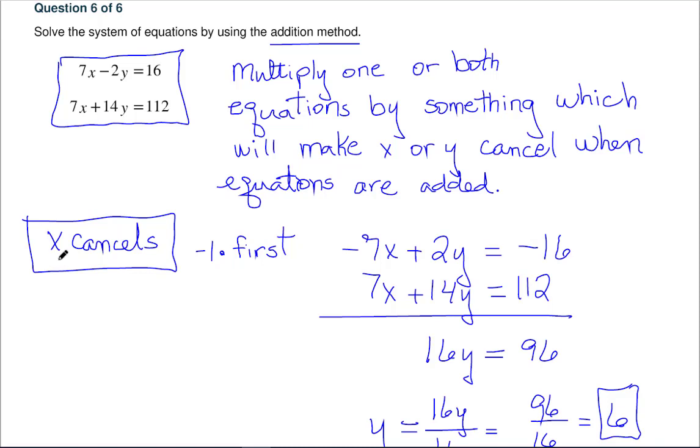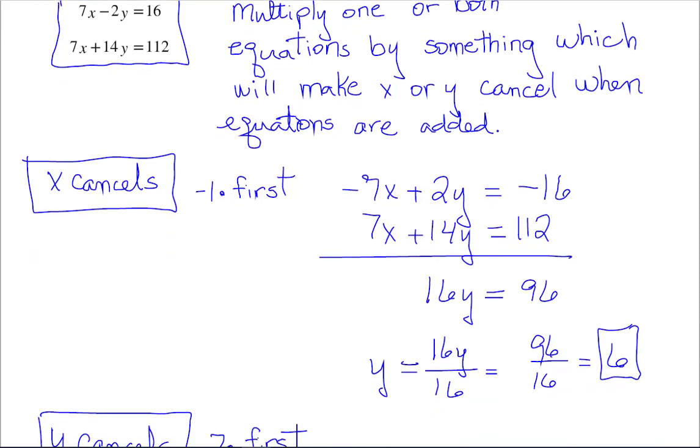So what if I wanted the x to cancel? Well, I'm going to multiply the top one here by negative 1 all the way across. So minus 7 plus 2 minus 16. You add them up, I get 16y is 96. And dividing both sides by 16, I get that y is 6.